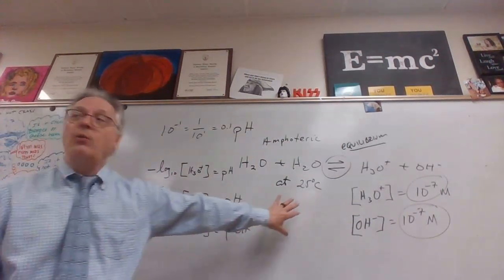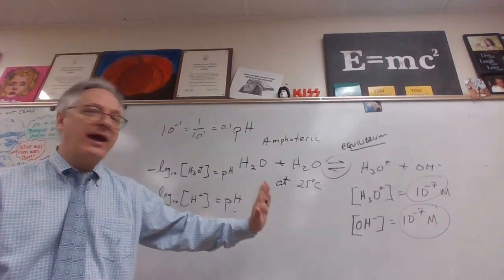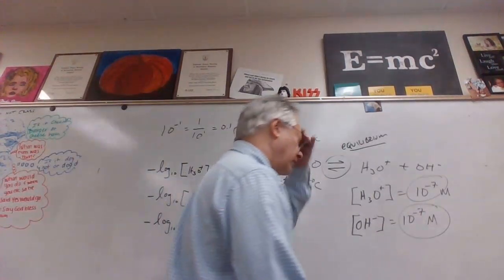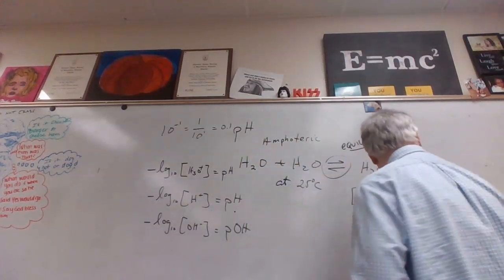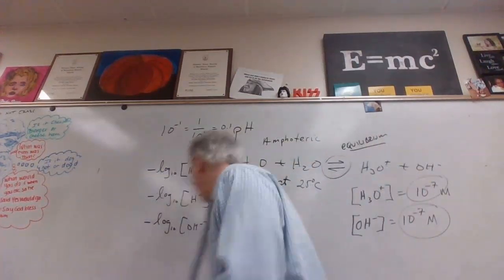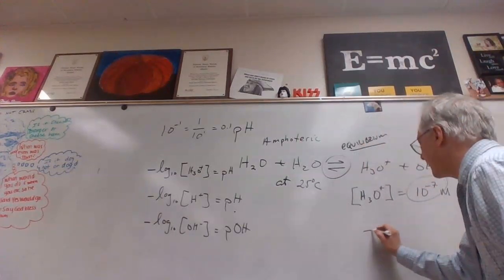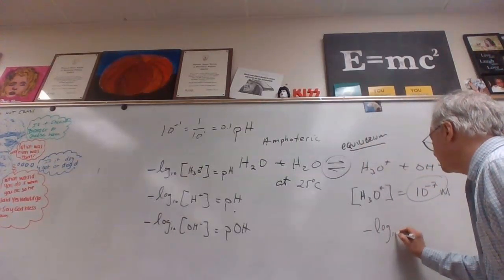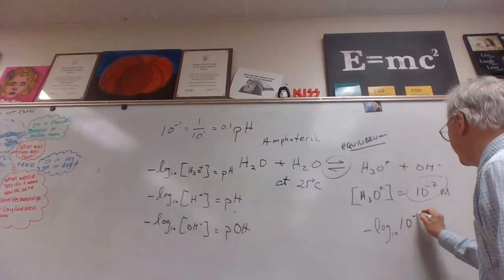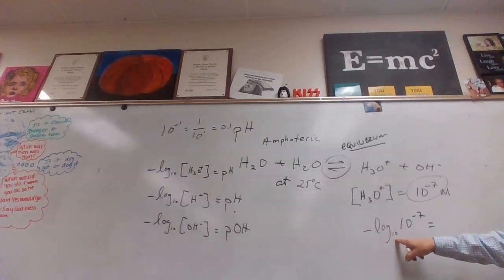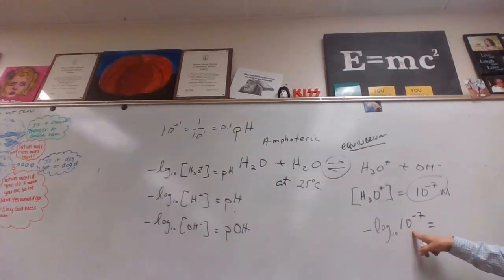So let's go over to our water here, and let's calculate the pH of our neutral water. All right, let's get rid of this. So I'm going to take the negative log base 10 of 10 to the minus 7. Well, what do I have to raise 10 to get 10 to the minus 7?